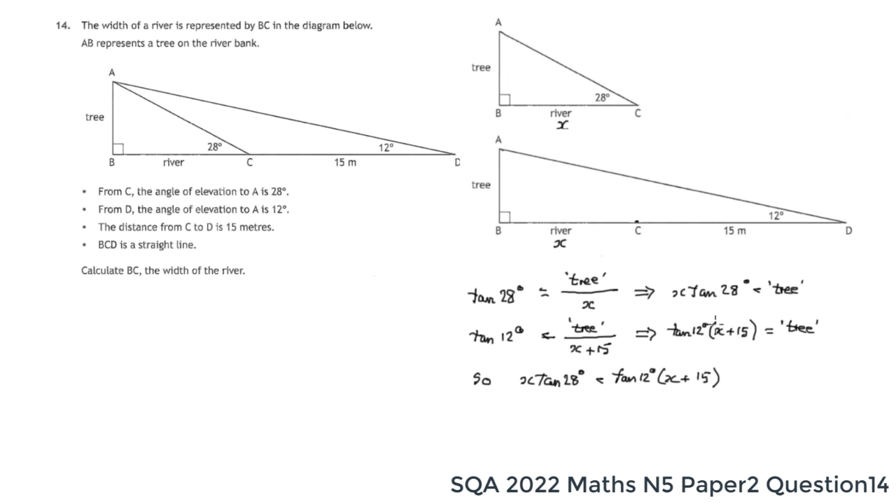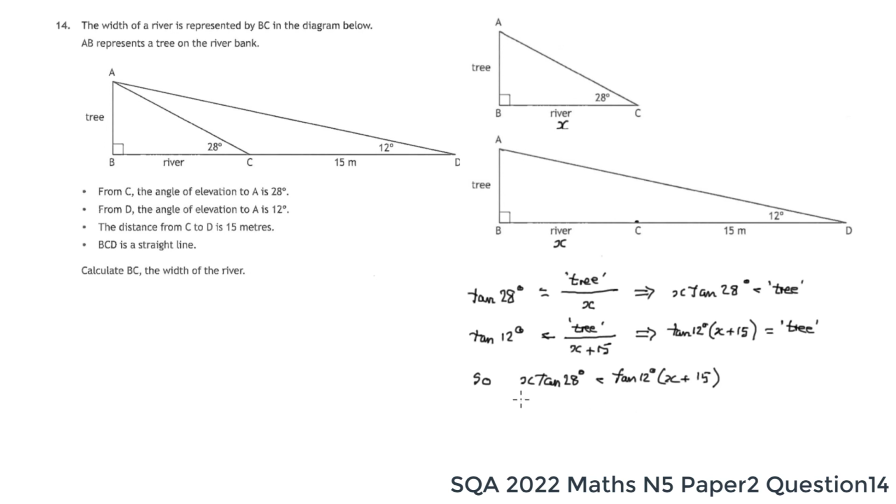These two expressions represent the same thing, the height of the tree. And the height of the tree has vanished there, and we're just left with numbers like the tan 28, the tan 12, this 15, and the thing we're trying to find, which is x.